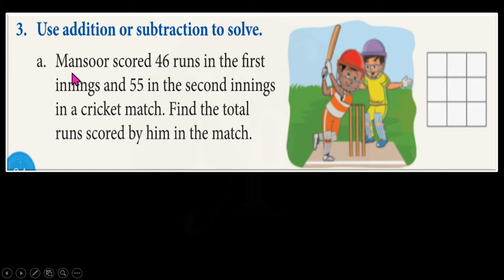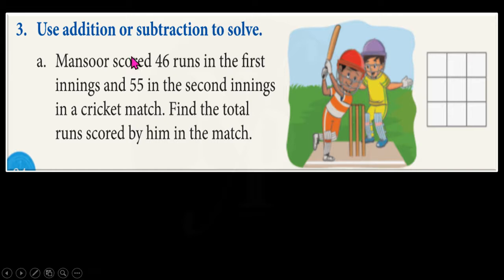So Mansoor is a cricket player and he has scored 46 runs in the first innings of the cricket match and 55 runs in the second innings. And we should now find the total runs scored by him in both the innings.